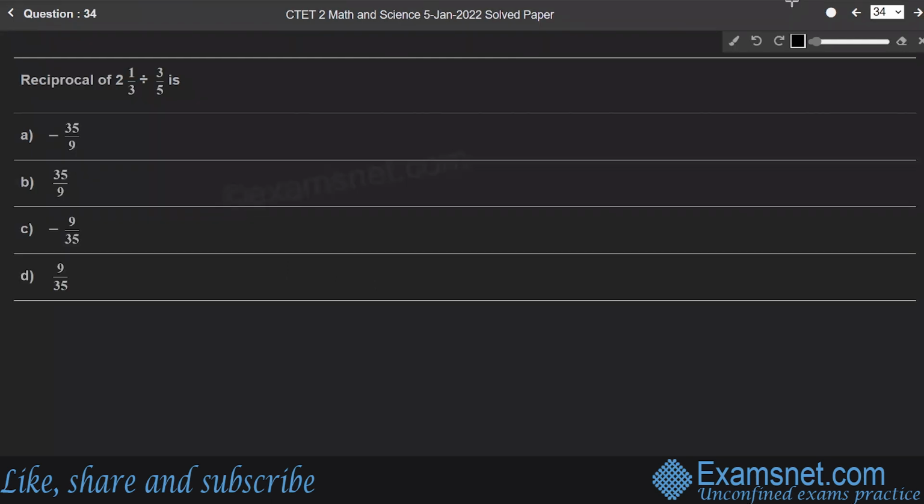Question number 34. The reciprocal of 2 integer 1 by 3 divided by 3 by 5 is.